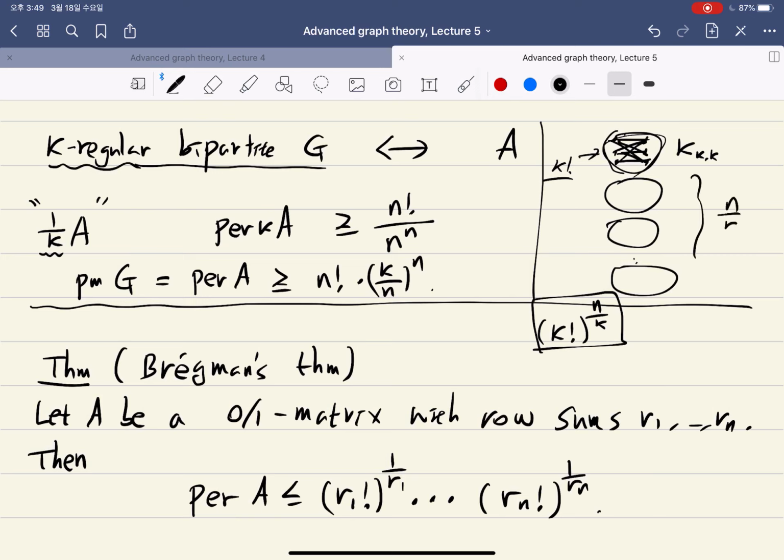The total number of copies of the complete bipartite graph is roughly n over k, depending on the parity of n. Let's just assume that n is divisible by k. Then if you want to count the perfect matchings, you just count the perfect matchings in each component and multiply together. So this is exactly the number of perfect matchings here.